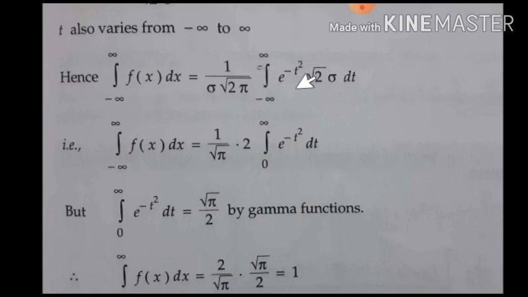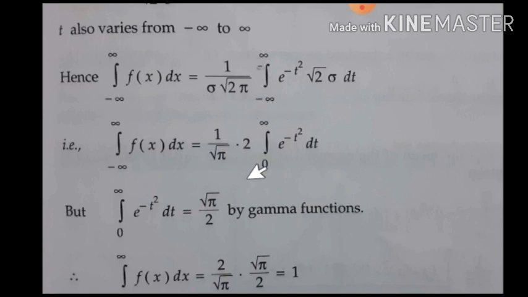Why are we changing it? Because if I get the integral in this form, we have a standard function. What is that standard function? It is the gamma function. We know that the integral from 0 to infinity of e to the power of minus t square is root pi by 2. Or you can say 2 into this integral is root pi. Keeping that in mind, we change the limit from minus infinity to infinity into 0 to infinity.